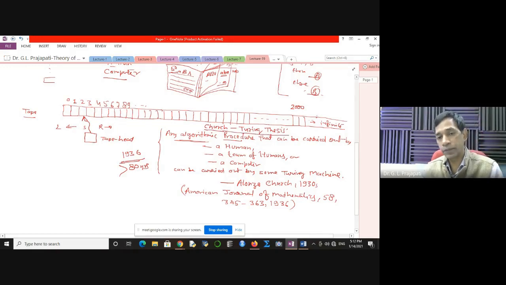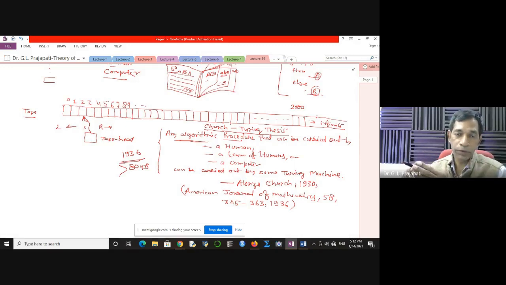This thesis explains that the Turing machine is a much more powerful model, and we can compute with the help of the Turing machine any function that can be computed by a human, by a team of humans, or by some computer. If a function can be computed by a human, by a team of persons, a group, or by some machine, then the same function we can also compute with the help of a Turing machine.